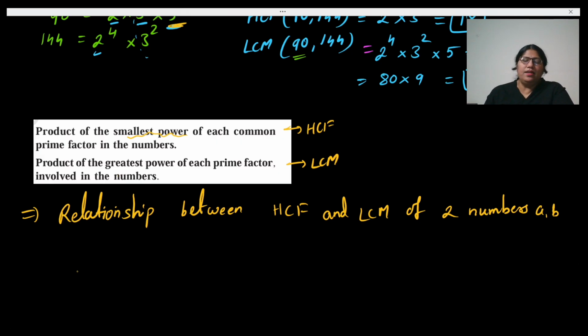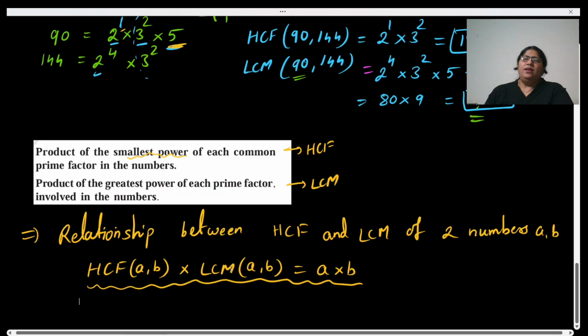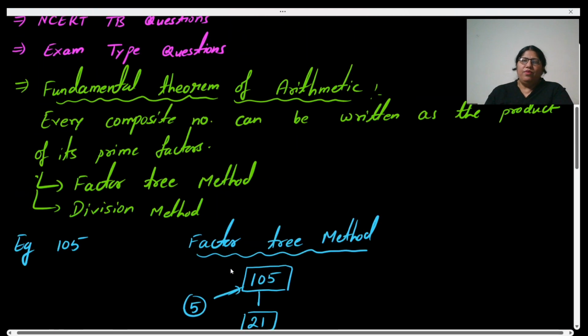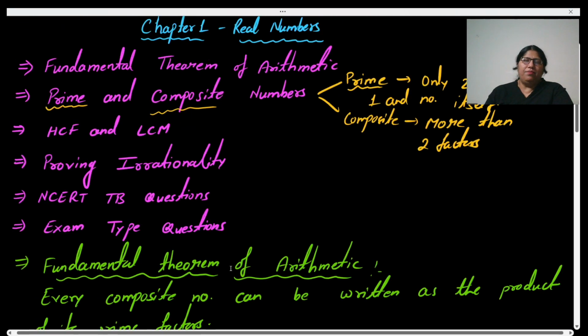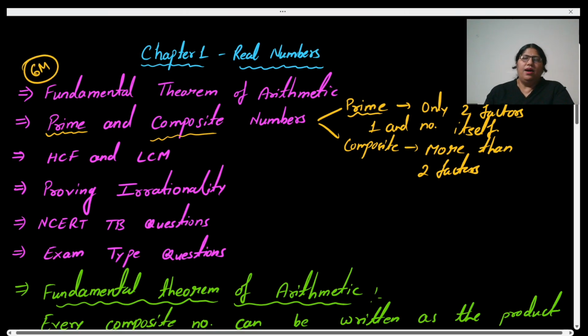The product of the HCF and LCM of two numbers will be equal to the product of those two numbers. So this relationship you have to remember. There will be some MCQ based questions. Other than that, you need to remember that the exam weightage of this chapter is 6 marks.